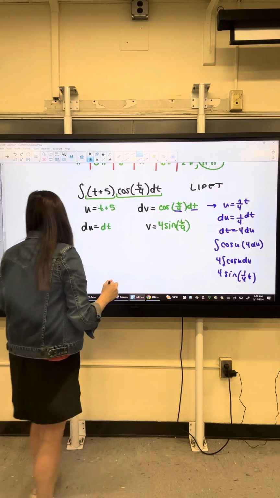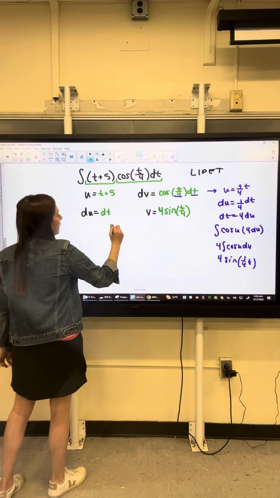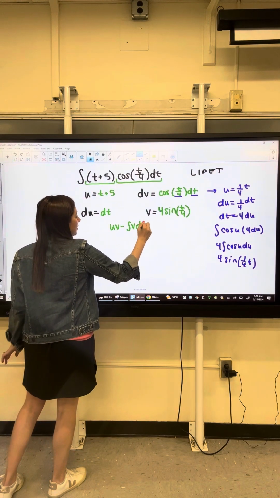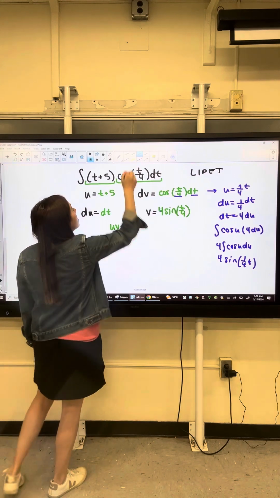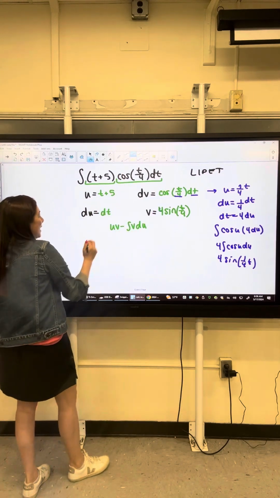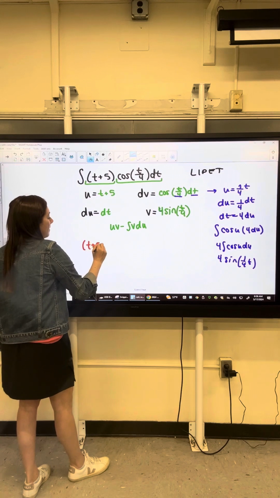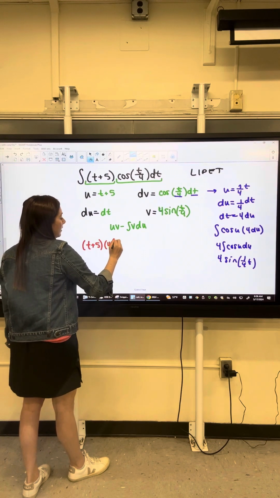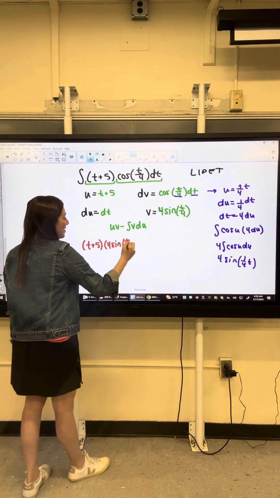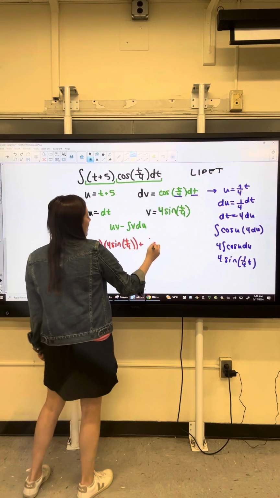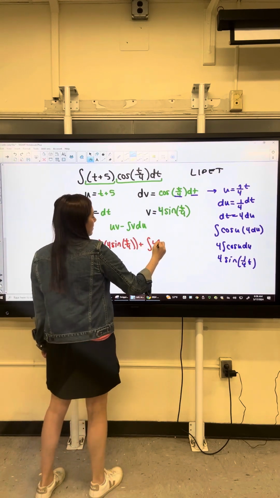Okay, now let's plug it into the formula. UV minus the integral of v du. We are doing some voodoo magic over here. Okay, we're going to have u times v, so t times 4 sine t over 4, plus the integral of v du.